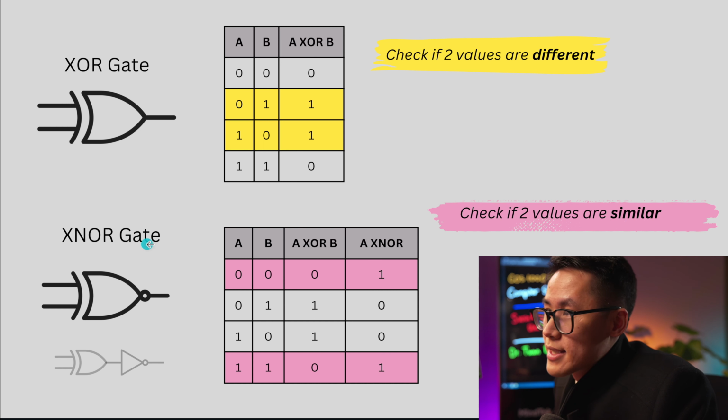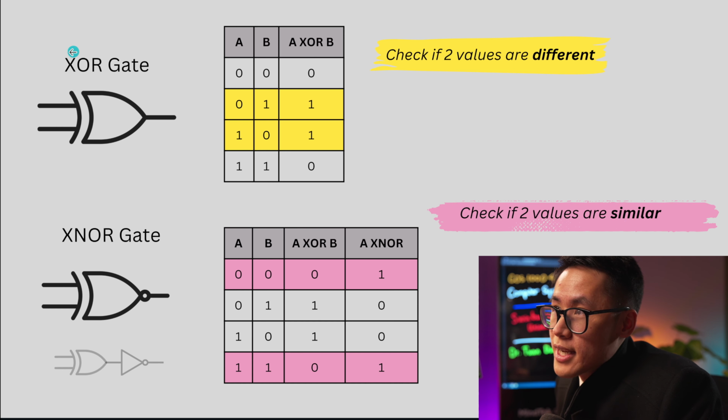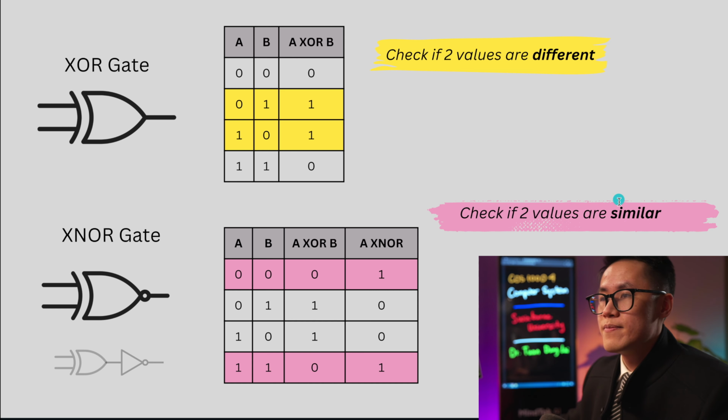An XNOR gate is the opposite of the XOR gate, written by putting the letter N in the middle. So it checks if two values are similar, while the XOR gate checks if two values are different.